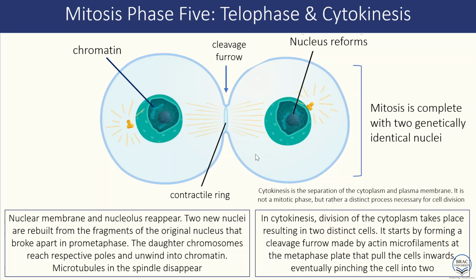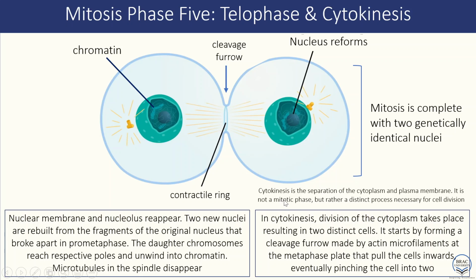And also, if you can notice, the nucleus is again visible, that means the nucleus reforms again to store the separated chromosomes. So at the end of the telophase, the mitosis is complete with two genetically identical nuclei.